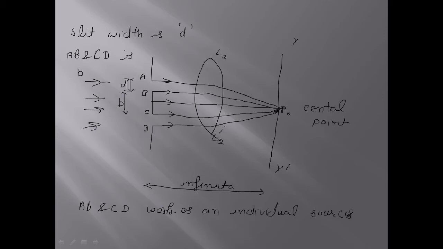Hence, P naught corresponds to the central bright maxima. This is the central point, so this point is the central bright maxima.